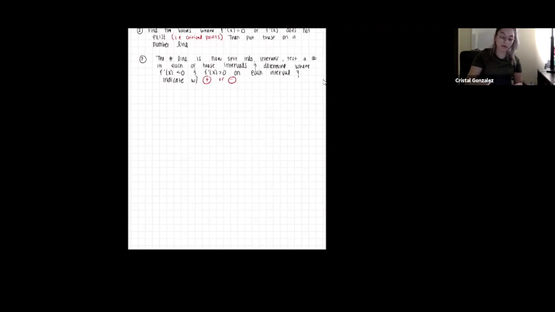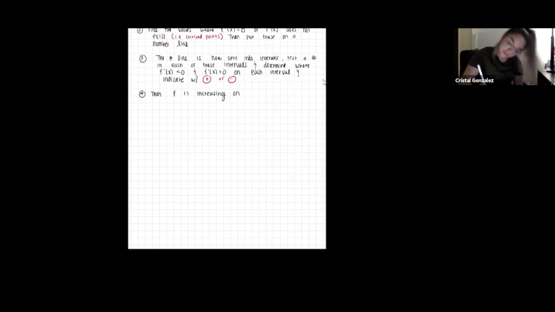And now our final step, step 4, is that f is increasing on intervals denoted by that positive value.